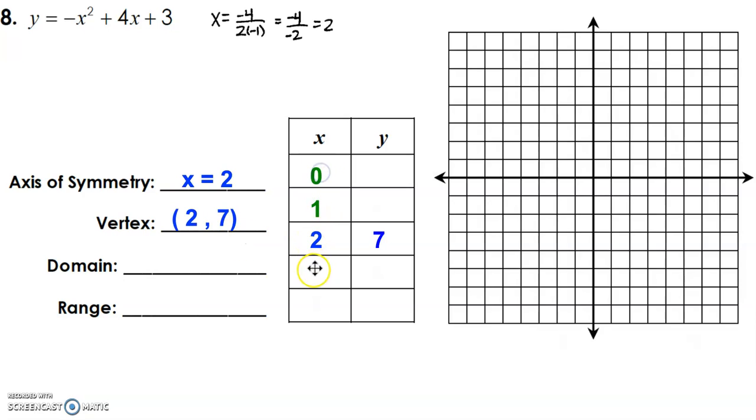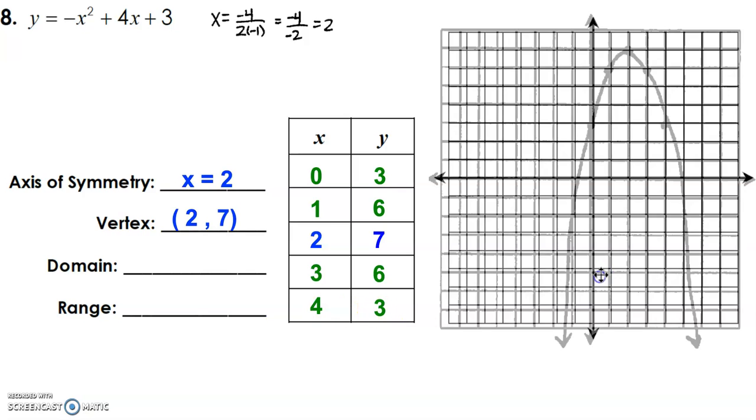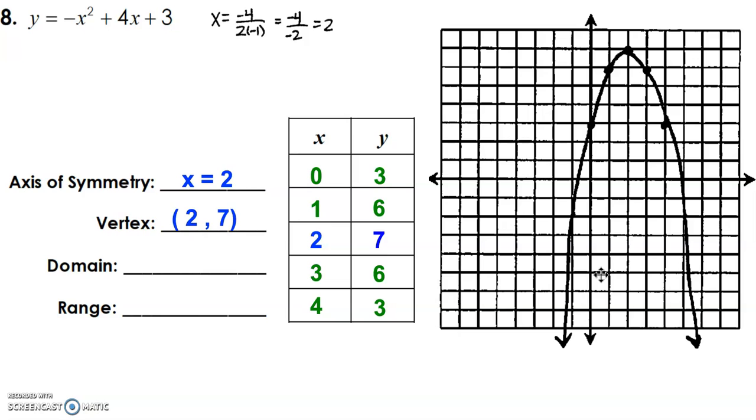Points on either side, I should get 0, 3, 1, 6, 3, 6, 4, 3. So my parabola looks like this, with a domain of all real numbers from -infinity to +infinity, and my range is everything smaller than or equal to 7.